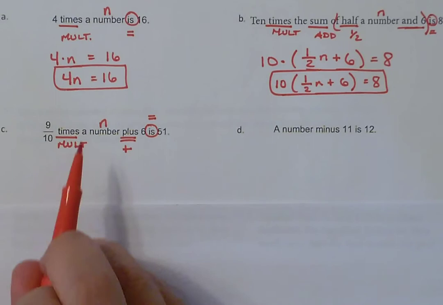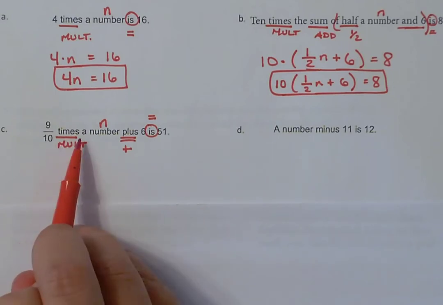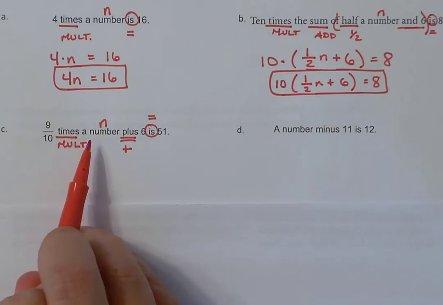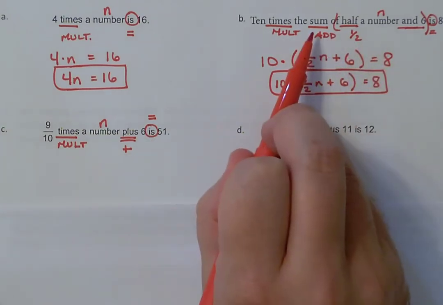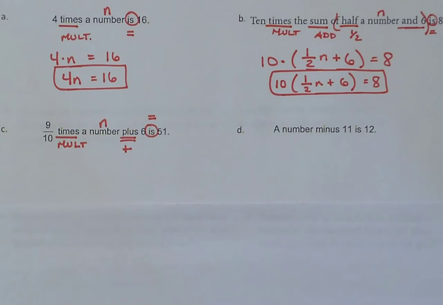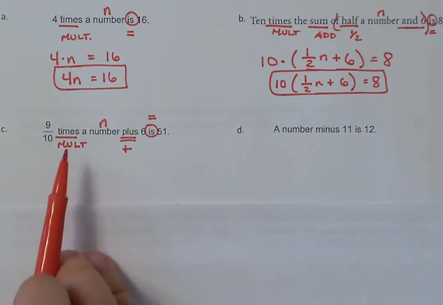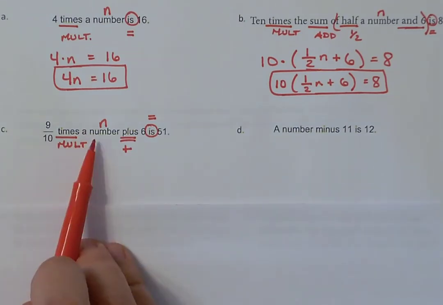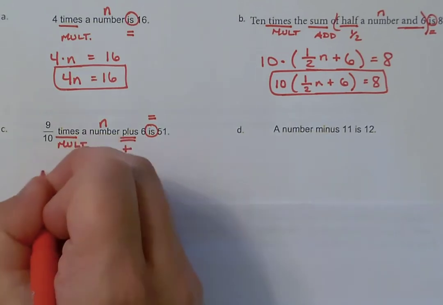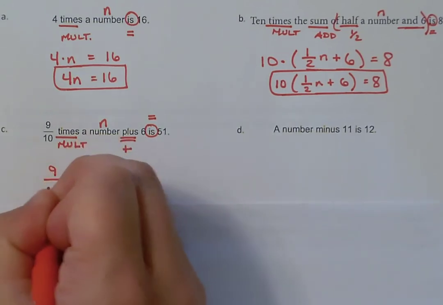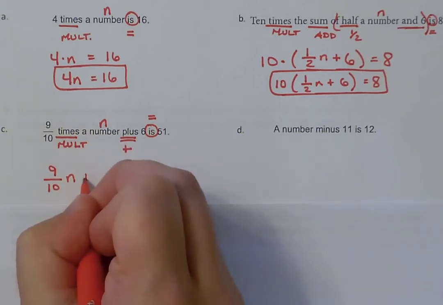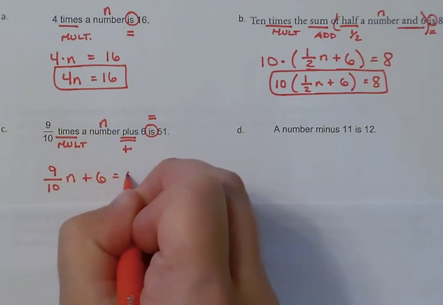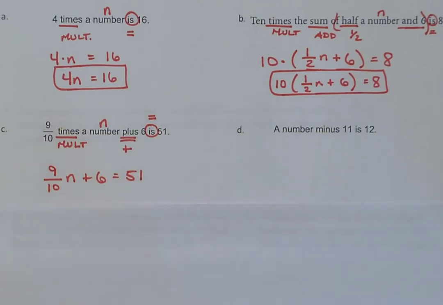Now, because it's not talking about 9/10 times the sum of n and 6, like we had up here, sum would represent we have a final solution before we can multiply. Because this is talking about times a number plus 6, we can just write this as 9/10 times n plus 6 equals 51.